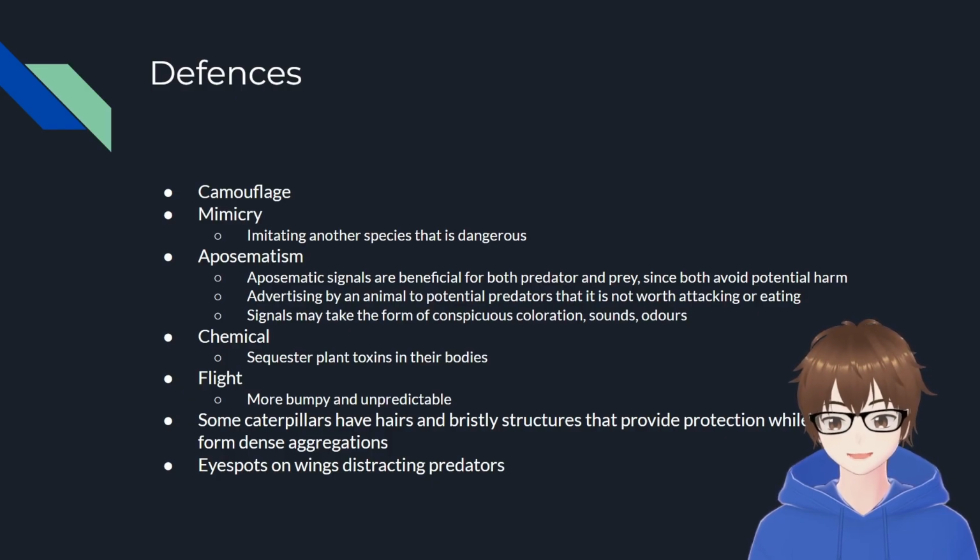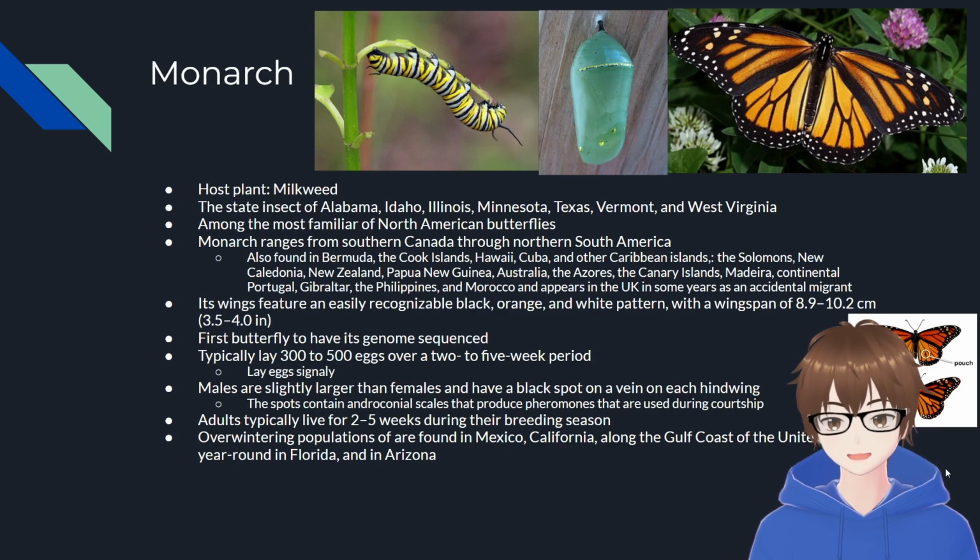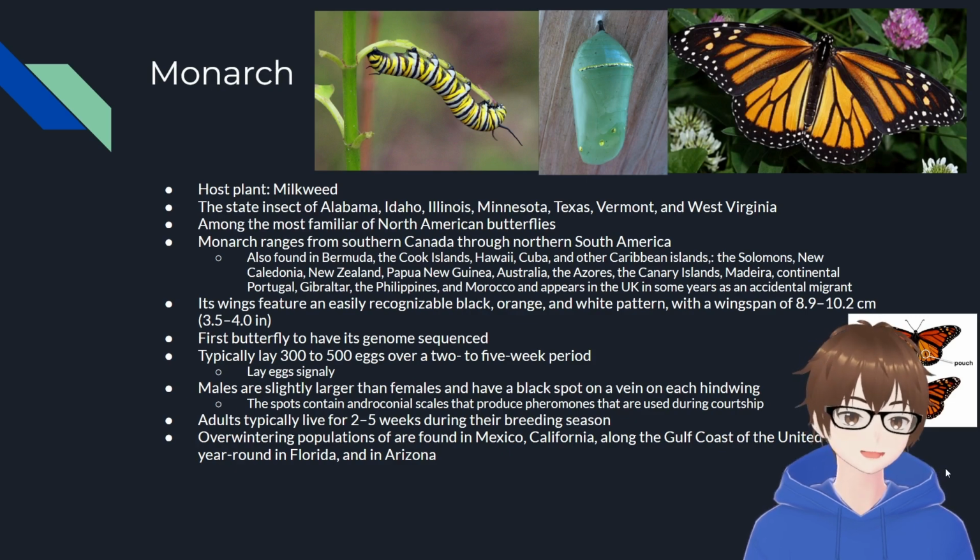Flying more bumpily or unpredictably will also help make them harder to capture. Some caterpillars also have hairs or bristle structures that provide protection, while others form dense aggregations or clump together. Then the eye spots on wings are also used to distract predators, kind of like the eye spots on a caterpillar.